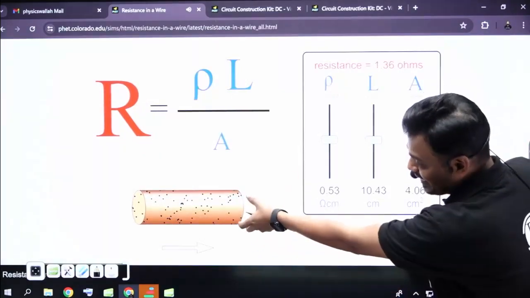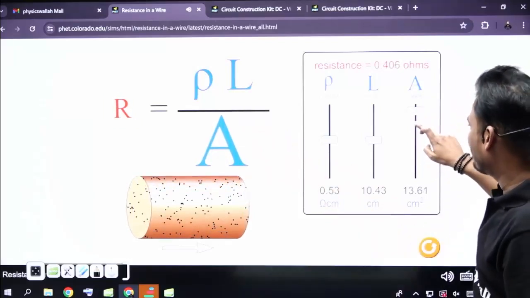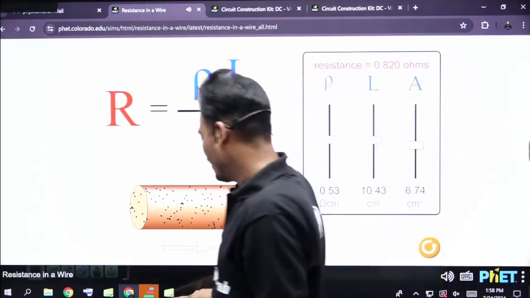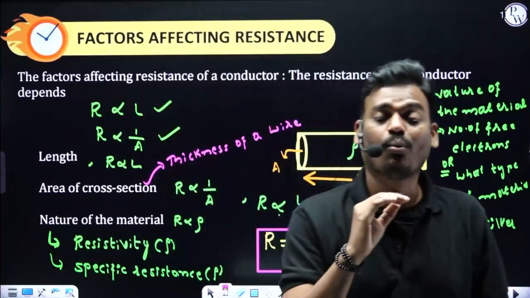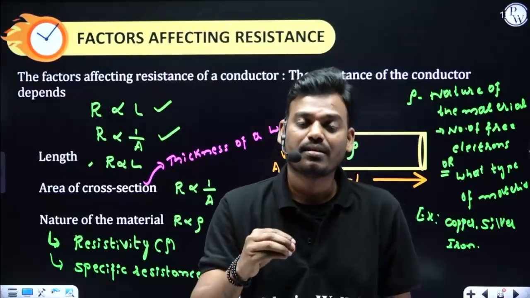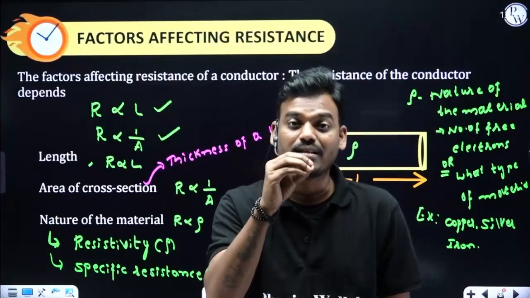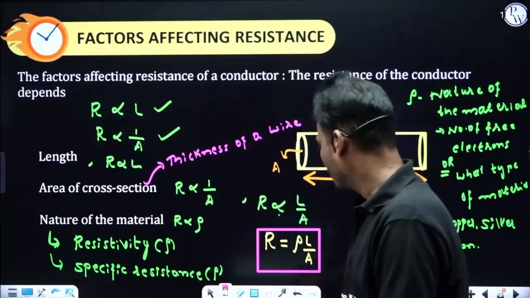Area of cross section is nothing but the thickness of the wire. Concentrate on this. If I increase the thickness, what is happening to the resistance? It is decreasing. And if I decrease the thickness, the resistance is increasing. So it is inversely proportional. If the thickness increases, resistance decreases; if the thickness reduces, resistance increases. Got it?